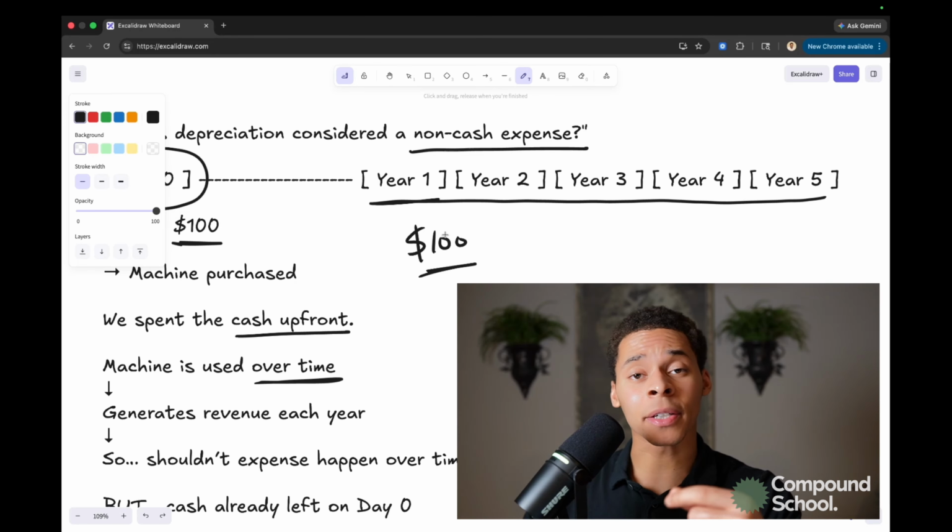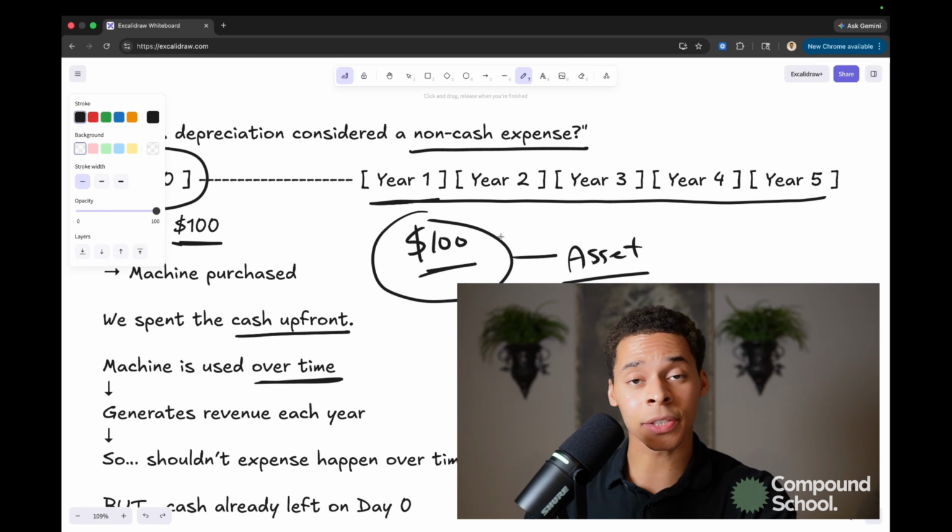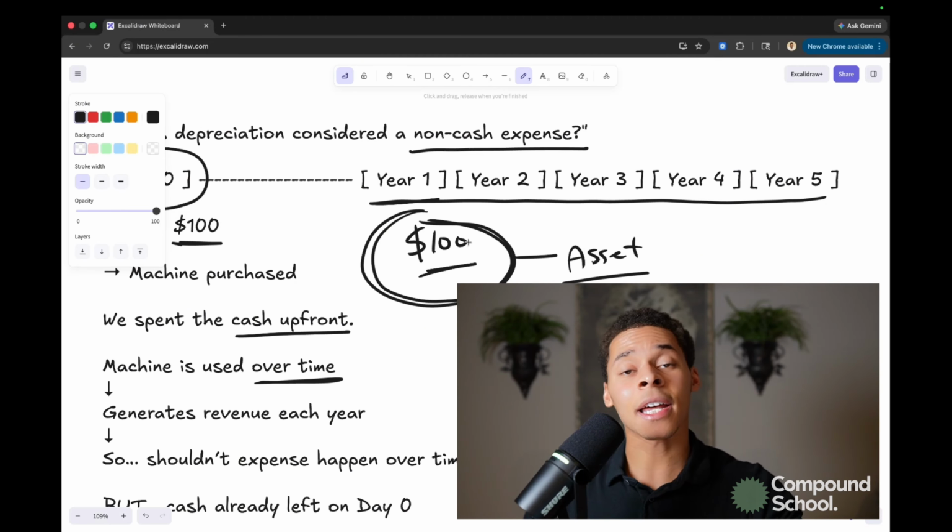Because we expect to receive economic benefits from this machine in future periods, we're going to take this $100 and place it on the balance sheet as an asset. This is called capitalization, meaning we took this $100 cash outflow, and instead of putting it on the income statement as an expense, we are going to place it on the balance sheet as an asset, okay? So even though we had a cash outflow of $100, no expense has been recognized yet.